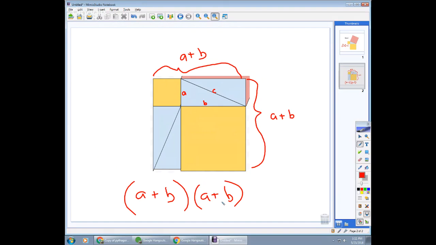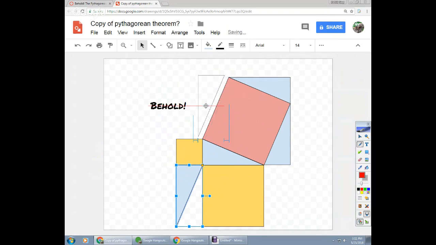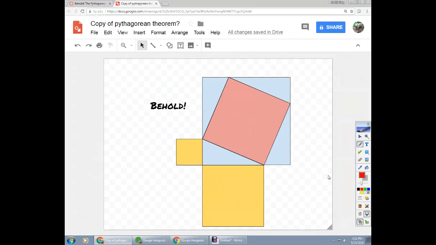All right, so we're going to do that again. We're going to pick the triangles up and reposition them. This time, we're going to take the triangles, and what you should find is they fit nicely along each edge of square C. And this makes this other new, beautiful, but different square.